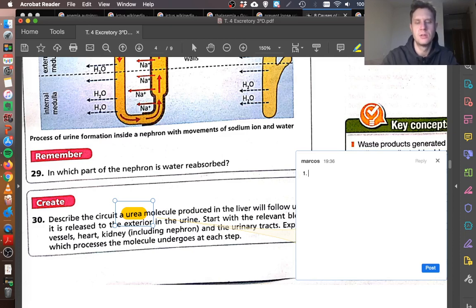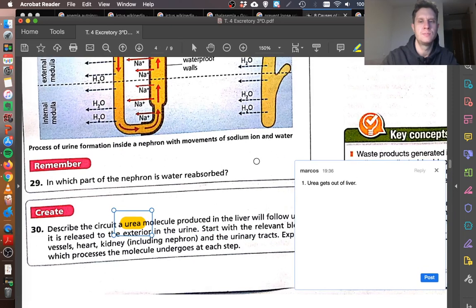So first, urea gets out of the liver through veins, getting the arterioles and going out from the veins, and goes to the heart.